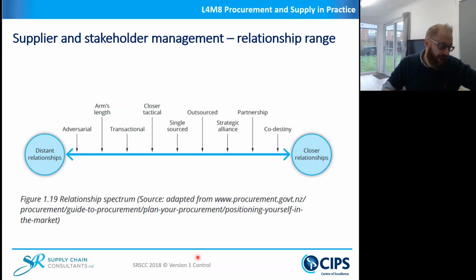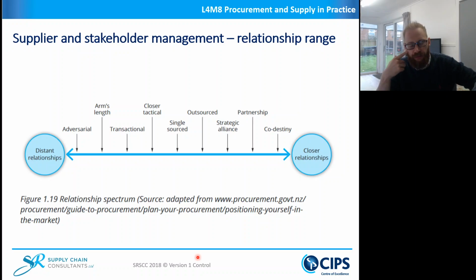When we talk about stakeholder and relationship management, remember that stakeholders are anybody with a vested interest or stake. When we talk about one particular range or group of stakeholders, our suppliers, we generally talk about the level of engagement, the level of interest, the level of power that they have, which will be dependent on the type of relationship that we have or want to have with that supplier.